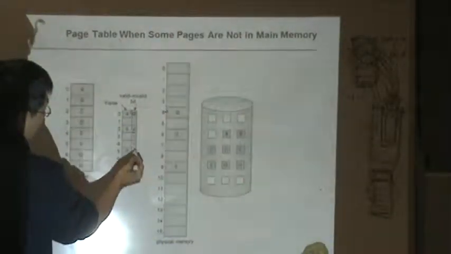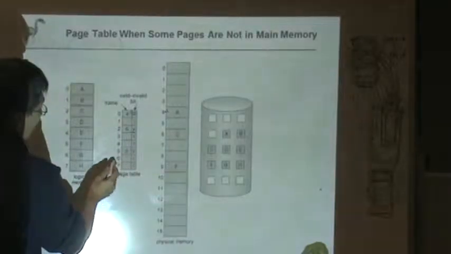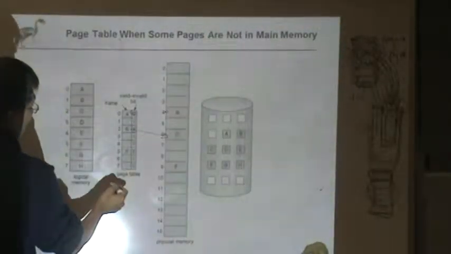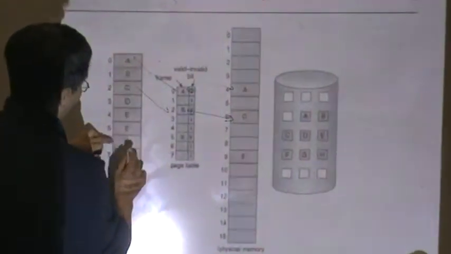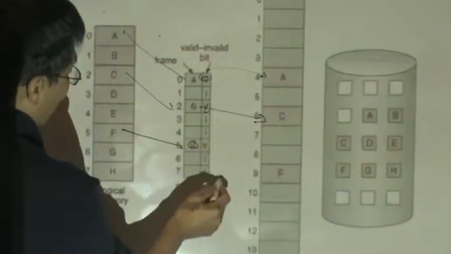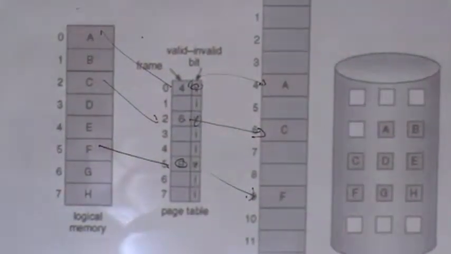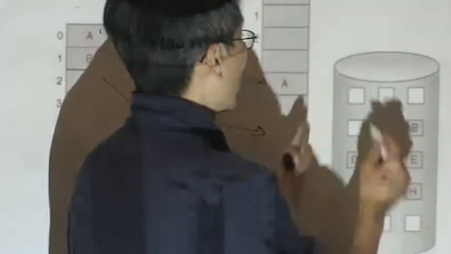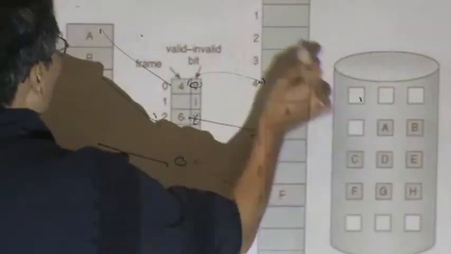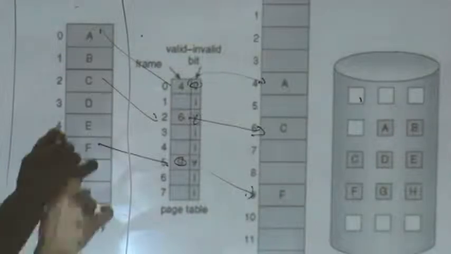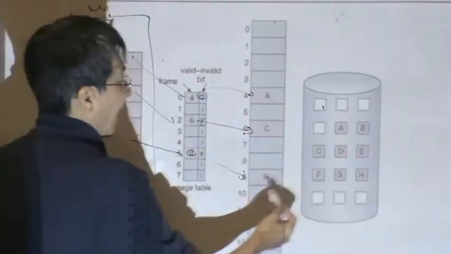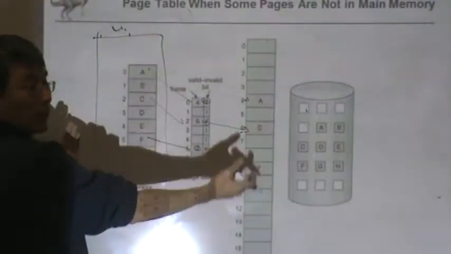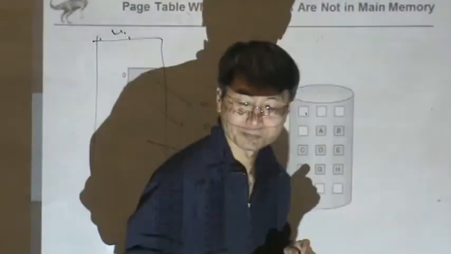Only valid ones are mapped: 6 is here, and C, A, and 5, F here. This is the logical view. For the virtual memory, it has A, B, C, D, E, F, G, and then it can be paged in and out.